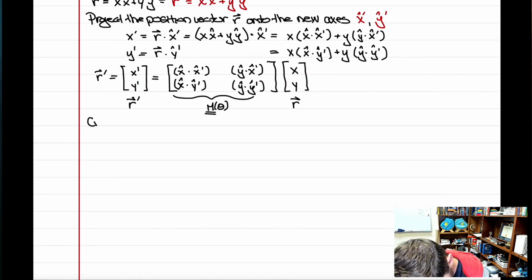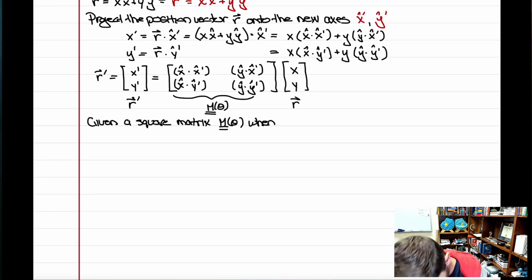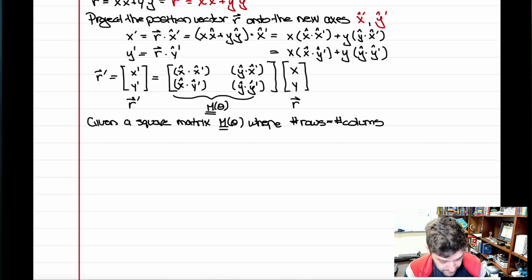So given a square matrix M of theta, what does square mean? Where the number of rows equals the number of columns, in this case 2 by 2.